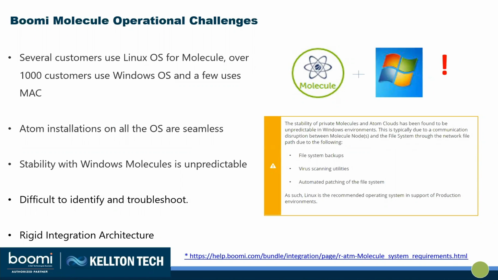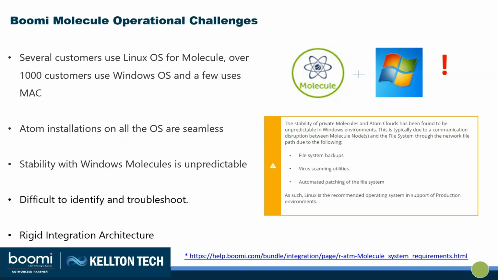the Boomi operational challenges. Several customers use Linux operating system for molecule installation, and about 1,000 customers use Windows-based operating system, and a few use Mac. So 1,000 customers use Windows on-premise installation of the molecule, which is a point of consideration for our talk.